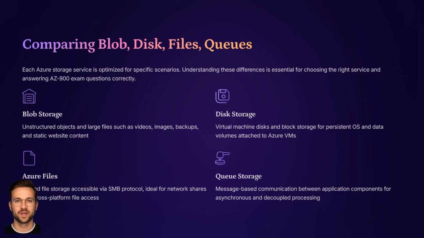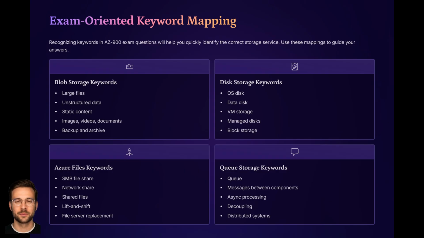Each of these services solves a different storage need, and the AZ-900 exam will often test whether you can choose the appropriate one. From an exam perspective, it helps to map keywords to the right service. Unstructured data, large files, static website, backup: blob storage.